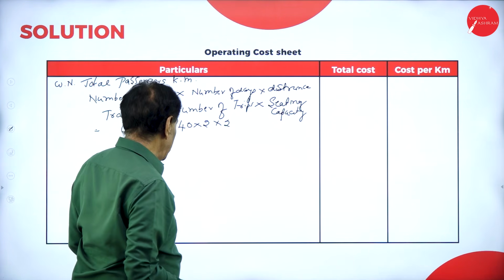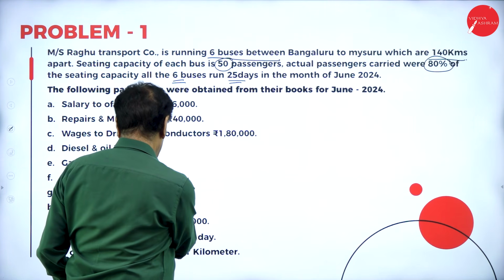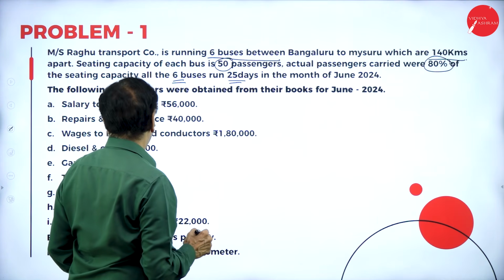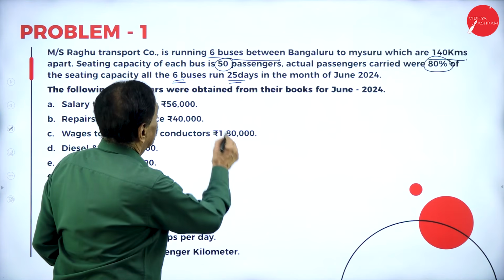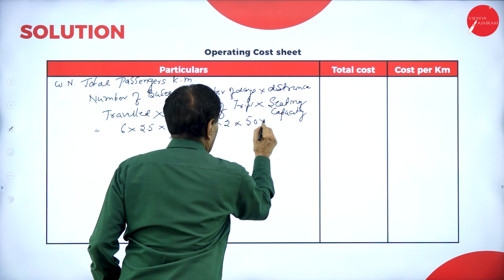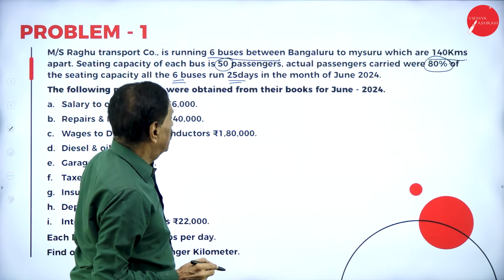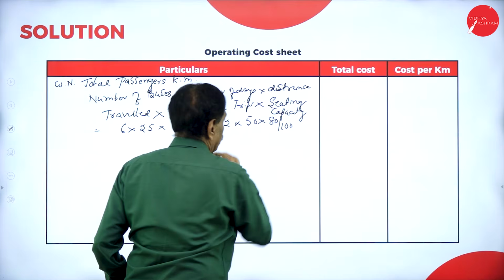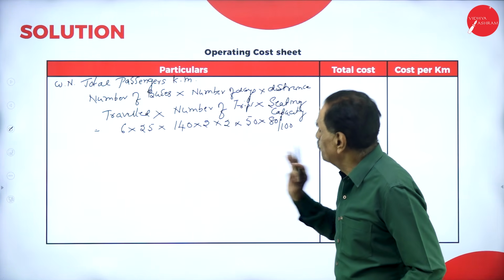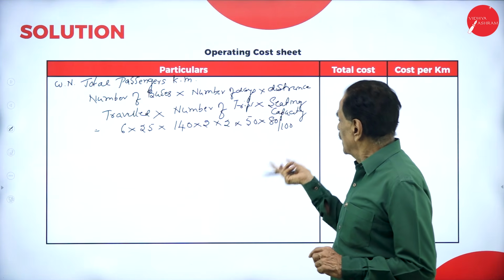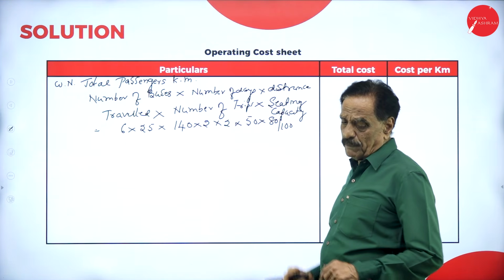How many trips did they make? 2 trips per day into seating capacity 50 passengers, occupied 80%, 80 by 100. So, number of buses, number of days, distance traveled, number of trips, seating capacity.